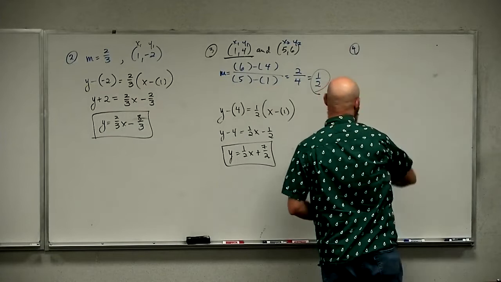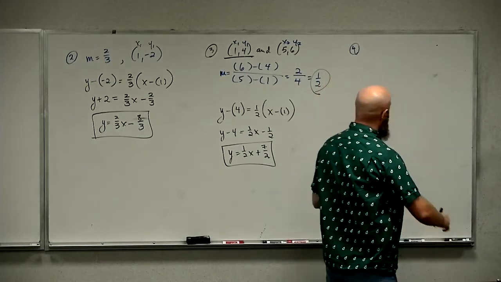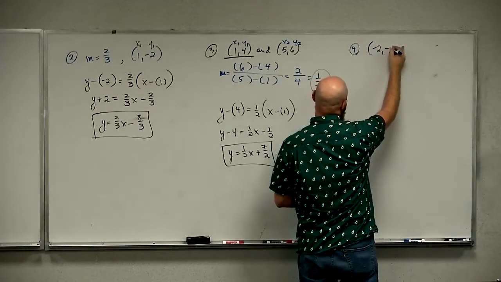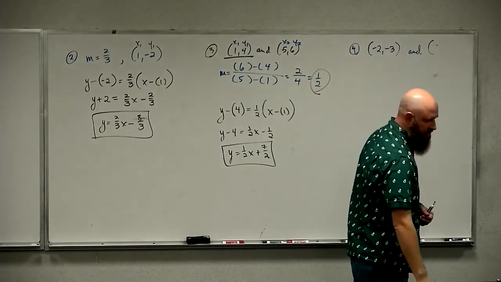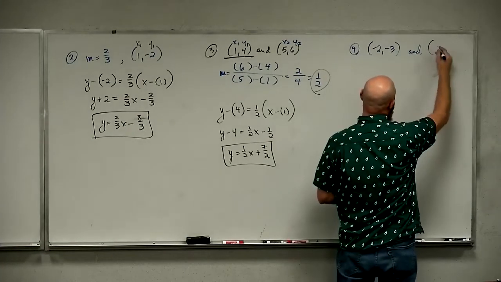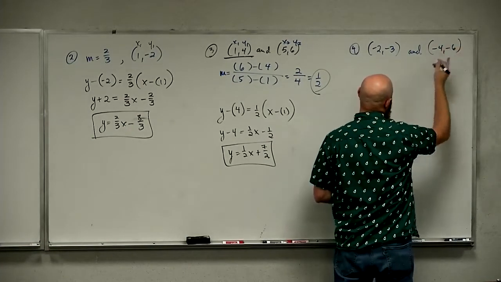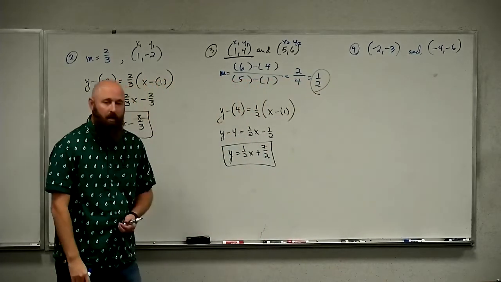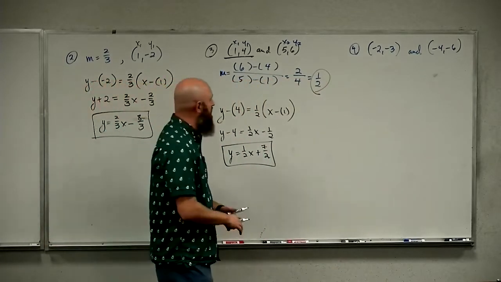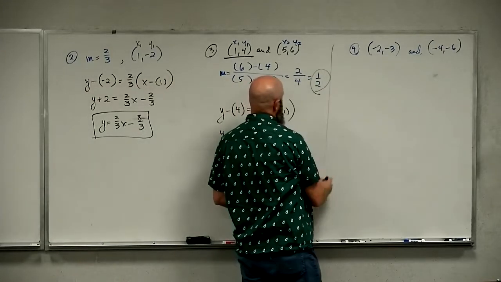All right, let's do another one of those. So what if we have (-2, -3) and (-4, -6)? So very first thing we need to do there, we need to find slope.